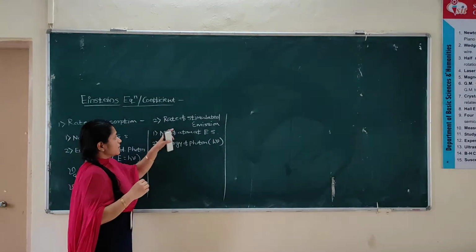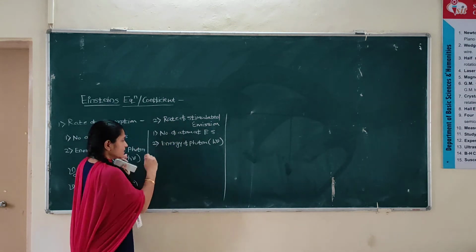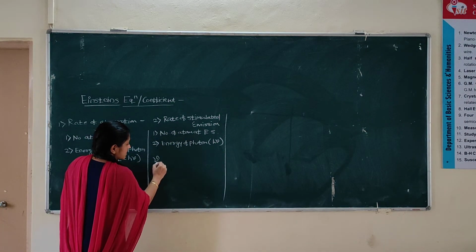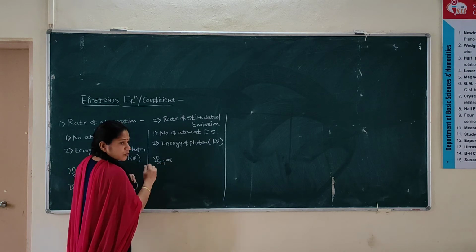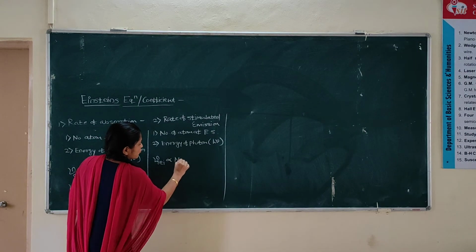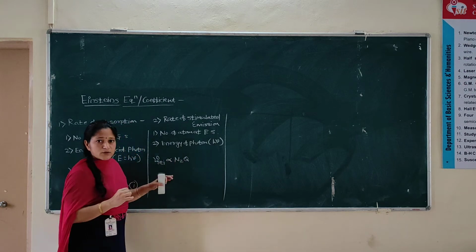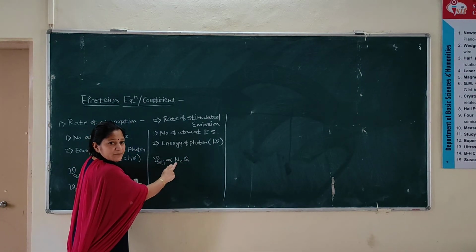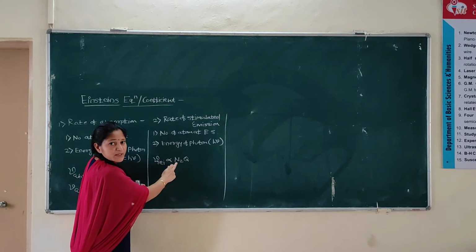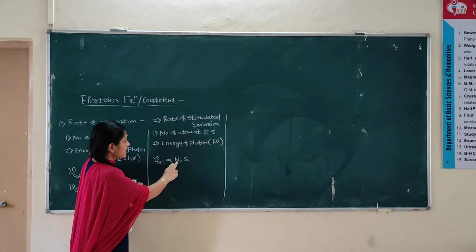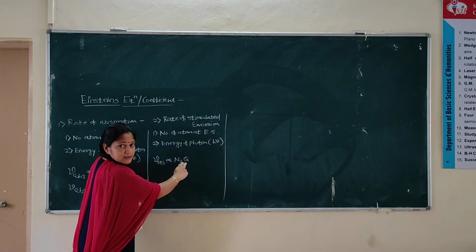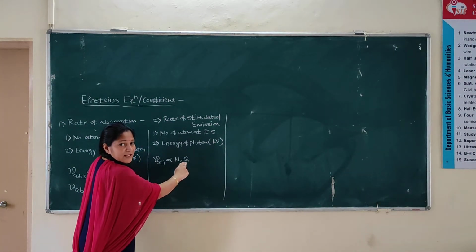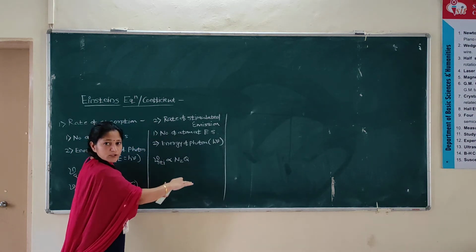So we can write the equation for rate of stimulated emission like this: gamma stimulation is proportional to N2 into Q. Here N2 represents the number of atoms present in the upper state, or excited state, and Q represents the energy required for the transition from the upper state to the lower state.